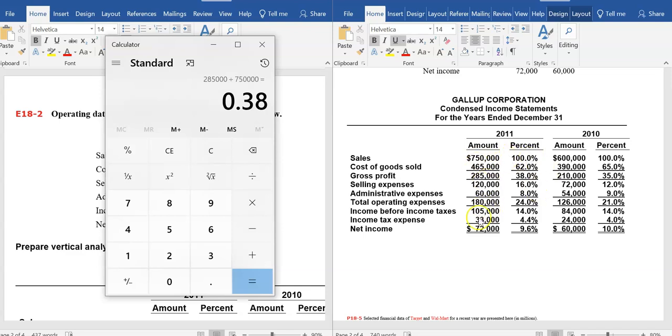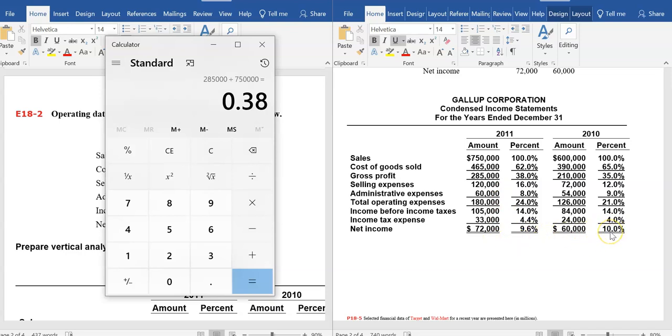Okay, so we would do the same thing within 2011. So vertical analysis is going vertically within the financial statement, figuring out what each line item is as a percentage of its base amount. And then we can look at year to year improvements. Maybe we look for some negative trends, but ultimately looking at overall, how did we do comparatively year to year?